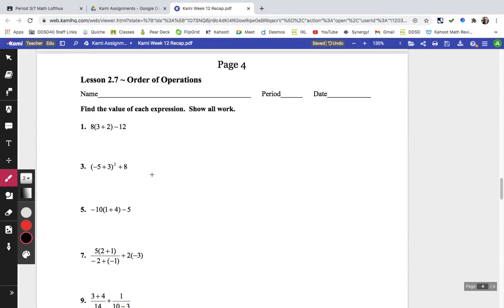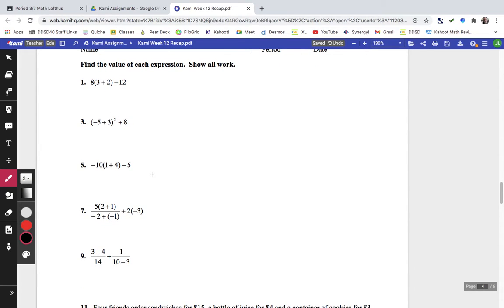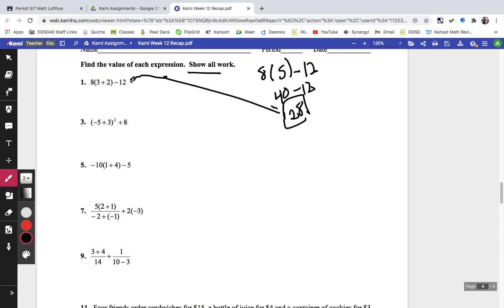Let's find the value of each and show all work. Okay, so 8 times 5 minus 12. 8 times 5 is 40, minus 12, so that's 28 right there.